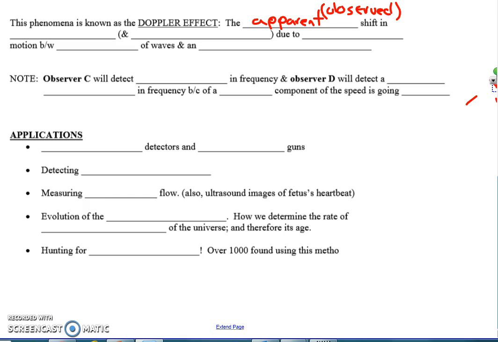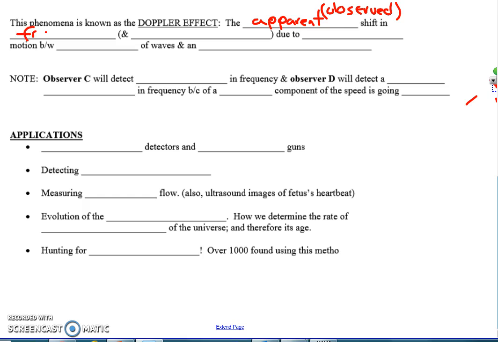If you are that source, and let's say you're in a car that has a siren blaring, and that car starts speeding forward, you will hear the same frequency because you're not moving relative to it. So there's no real shift. But if I'm outside the car and the car is coming towards me or going away from me, I will hear an apparent shift. It's what I observe. And what are we talking about a shift in?